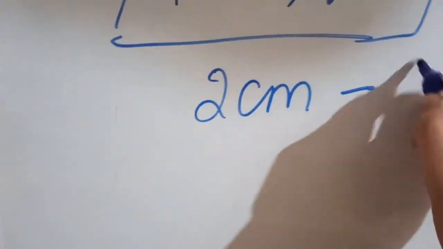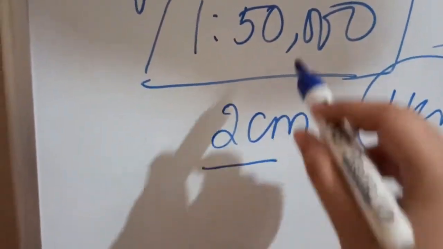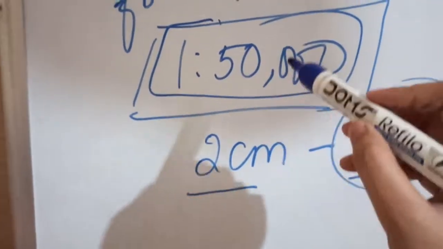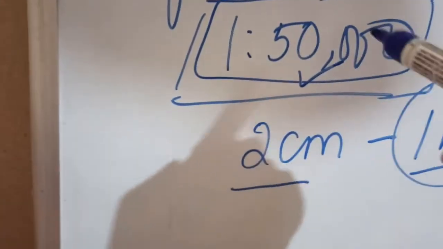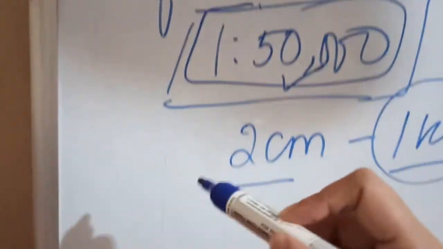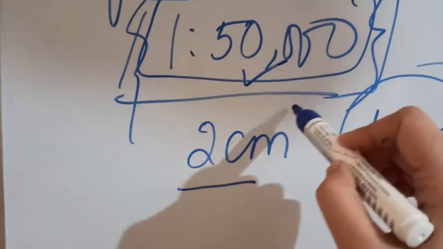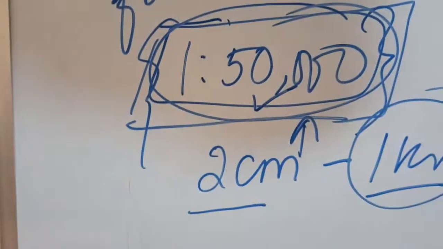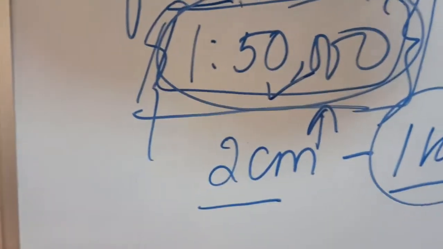Like I explained in the statement form of the scale, 2 centimeter represents 1 kilometer, or 1 kilometer on the ground is represented by 2 centimeter on the map. But from this particular scale we cannot directly understand which represents which value, meaning what the value on the ground is and what the value on the map is. So we need to convert this ratio format to calculate the statement scale.